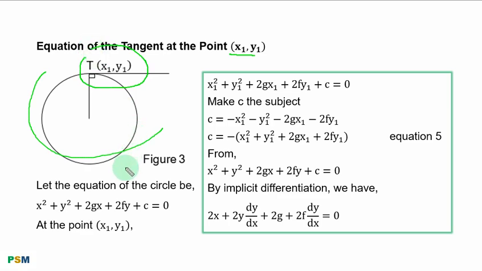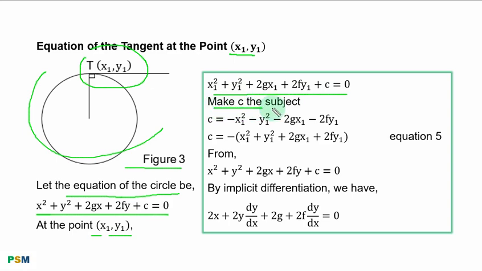We have figure 3. Let the equation of the circle be equal to this. At point s1, y1, you come here, you replace s with s1, y with y1, you have it in this form.